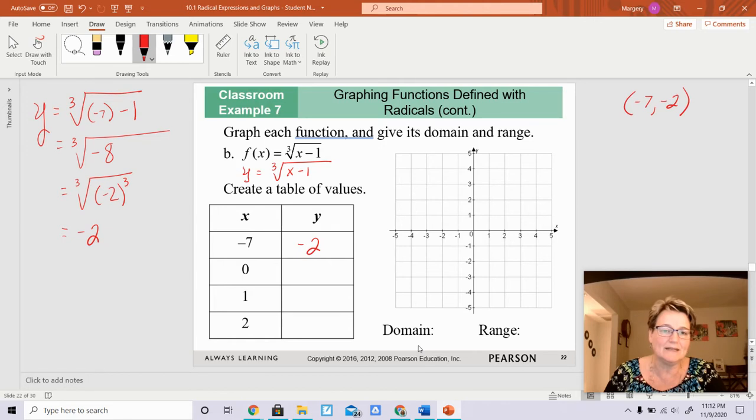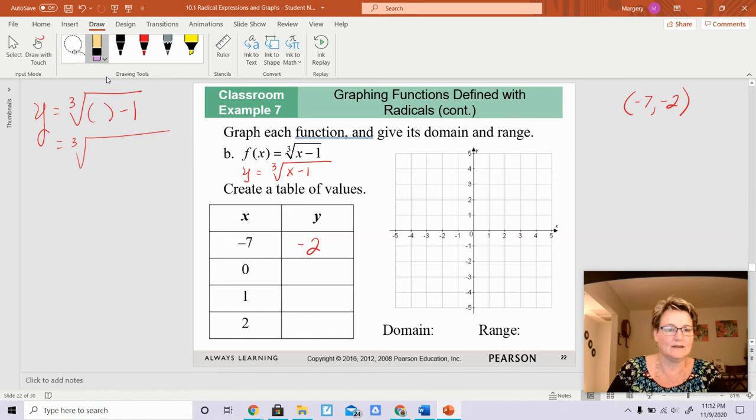Now I'm going to plug in 0 here. I'm going to put in 0, which gives me a -1.